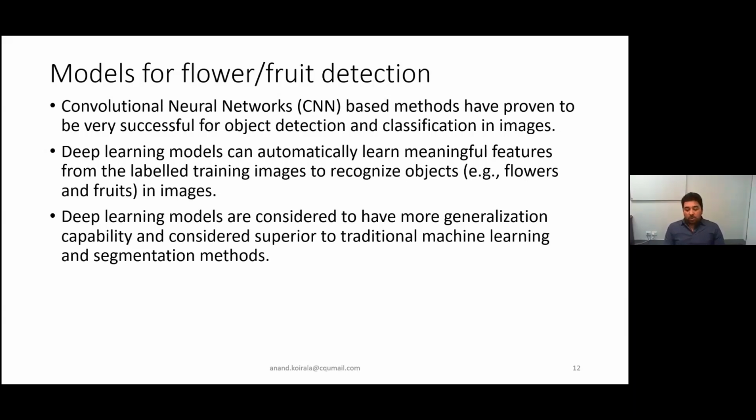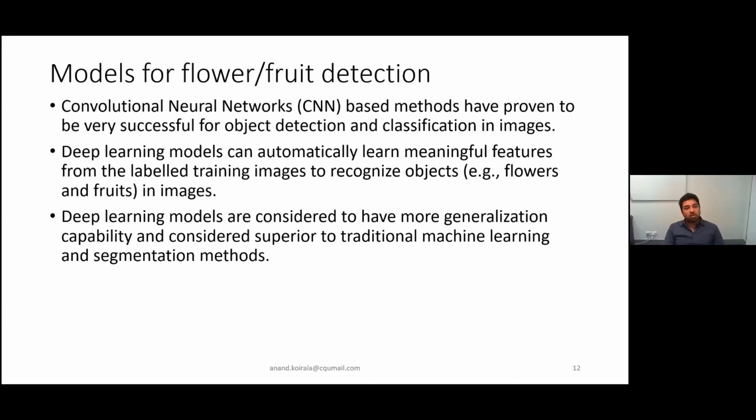And they have also proven to have a good capacity for generalization. By generalization, I mean that if I train on one kind of lighting condition and then take it to some other lighting, it still copes with that environment and can still detect something.